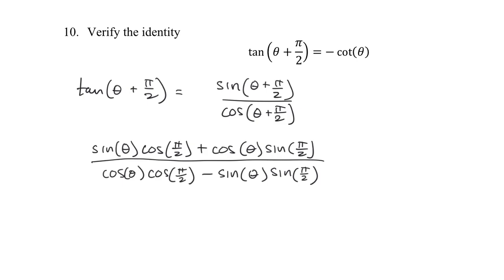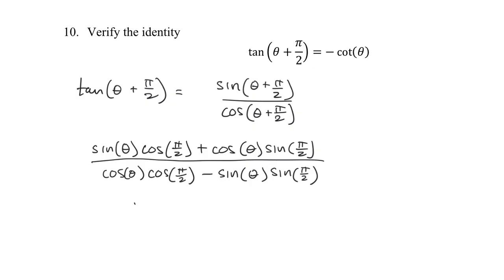sine pi halves. Now at pi halves or 90 degrees, the x value is 0, so cosine is going to be 0. Cosine of pi halves is equal to 0. So this term here, sine times cosine, becomes 0, as well as this one, cosine theta times cosine pi halves, so this whole side disappears.